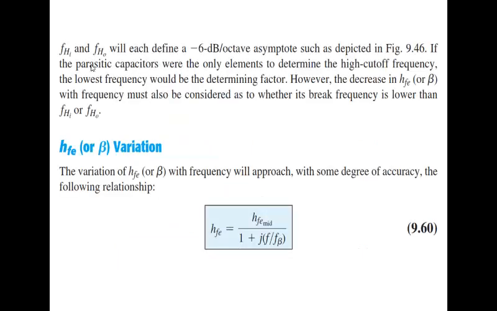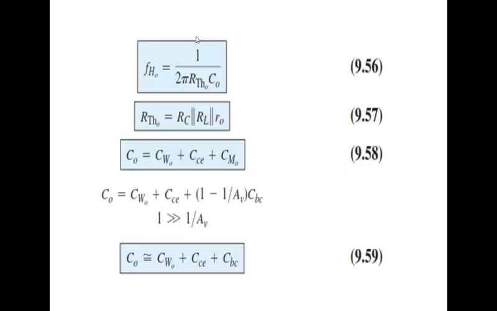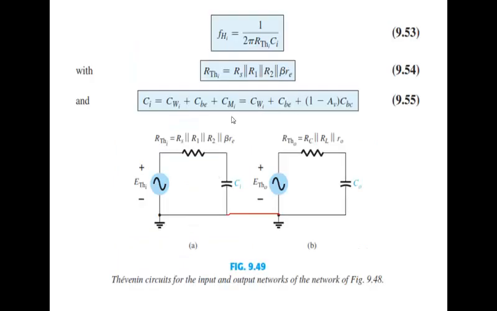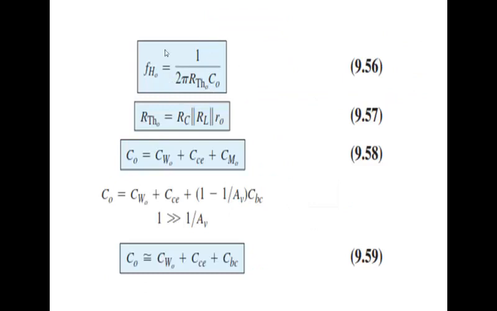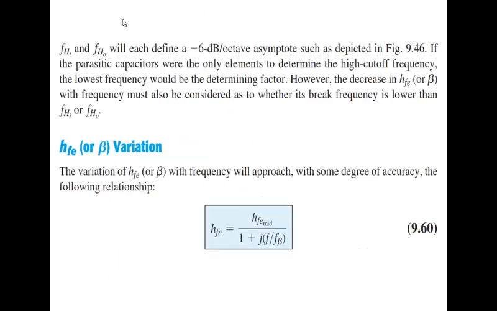So for the given parameters you can find fHi and fH naught if you are given these component values and these capacitances. This capacitance can be computed using this relationship, and from these you can compute these two frequencies, fHi and fH naught. These two frequencies basically each define a minus 6 dB per octave asymptote, such as depicted in figure 9.46.